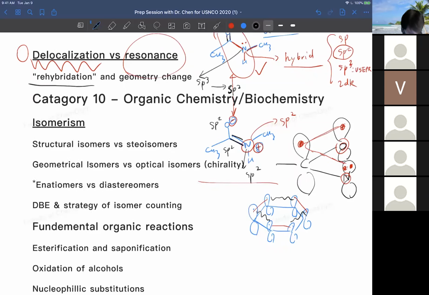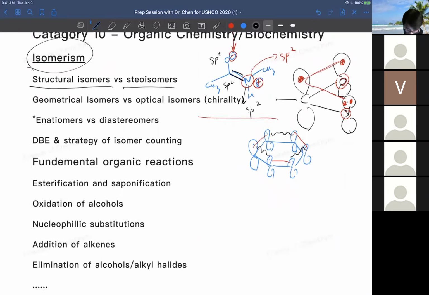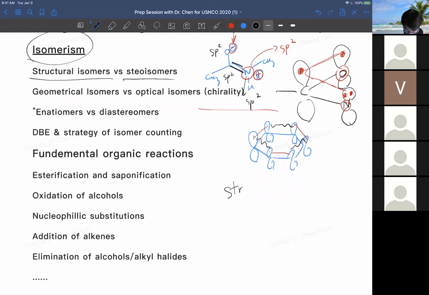Okay, the next one I want to talk about is isomerism in organic chemistry. First, we need to introduce a few concepts: structural isomer and stereoisomer, right? Structural isomer means they have different connections of the atoms.